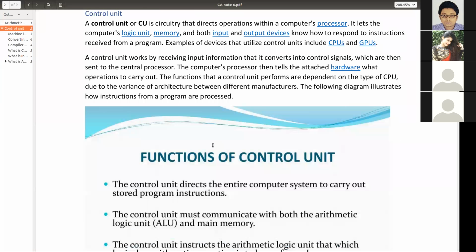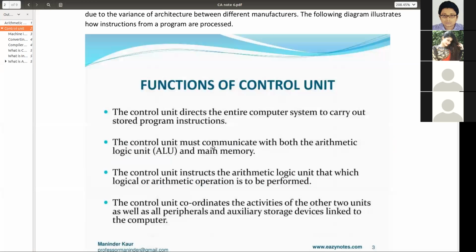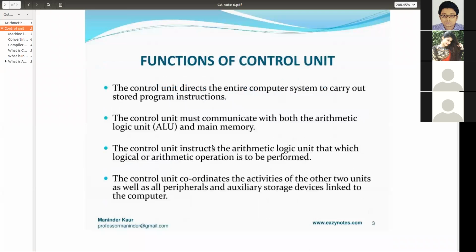Next is the control unit. As I told you, the control unit is very important because at the end of the day, you have to control all these components. There are several components, and they need a control so that they can work together and give you a complete output. So the control unit directs the entire computer system to carry out stored program instructions. So what is a stored program instruction?